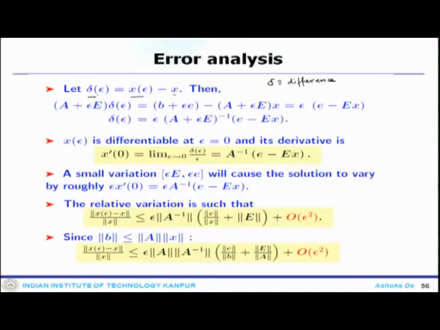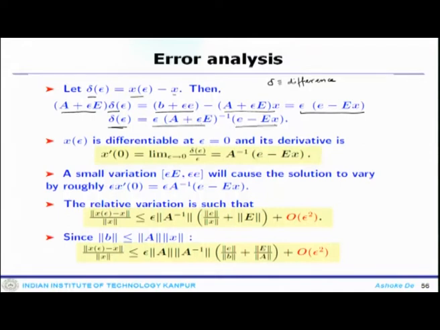Then one can write (A plus epsilon E) delta epsilon equals b plus epsilon e minus (A plus epsilon E) x, which will be rearranged as epsilon into (e minus E x). That is what one can write, and here delta epsilon is epsilon times (A plus epsilon E) inverse into (e minus E x).